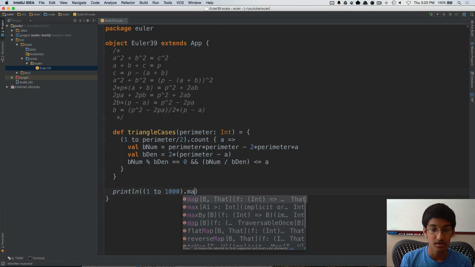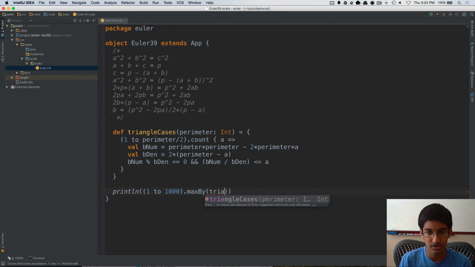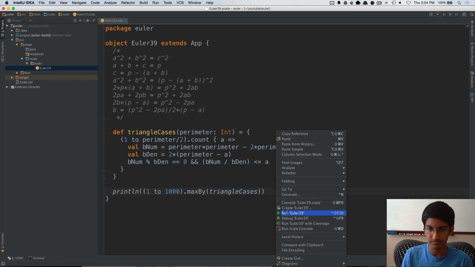So I can actually do maxBy. maxBy will give us a value that produces a maximum result, and that result is calculated via a function that you pass to maxBy. So max would just give you the maximum value. maxBy gives you the element that produces the maximum value. So here we're going to put in triangleCases. We can just pass this, and now we can run.